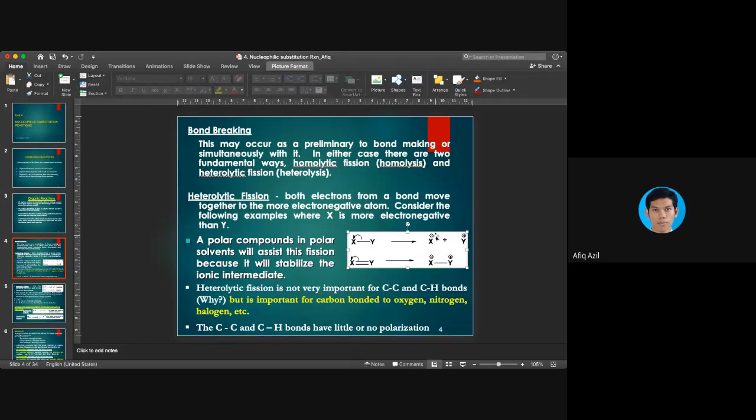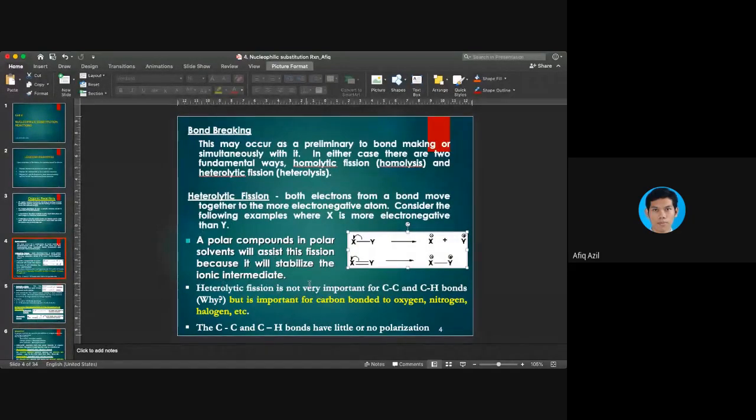And the result will be two species with different charges. You have the X with negative charge and Y with positive charge. So this negative charge, we will call it an anion, A-N-I-O-N, while the positive charge, we will call it a cation, C-A-T-I-O-N.